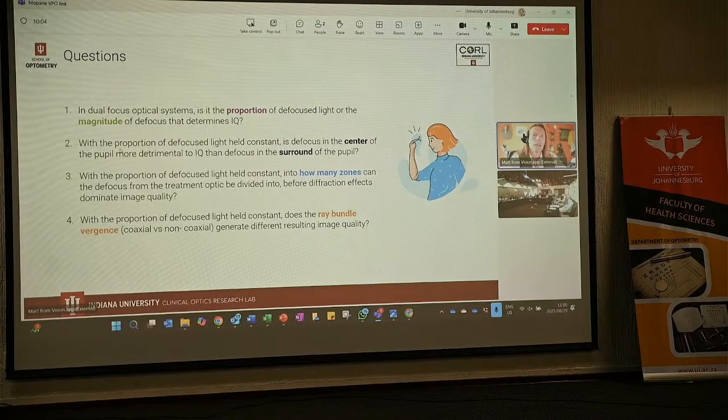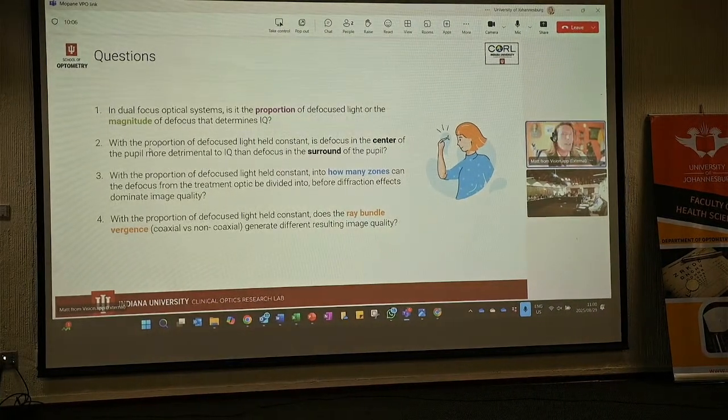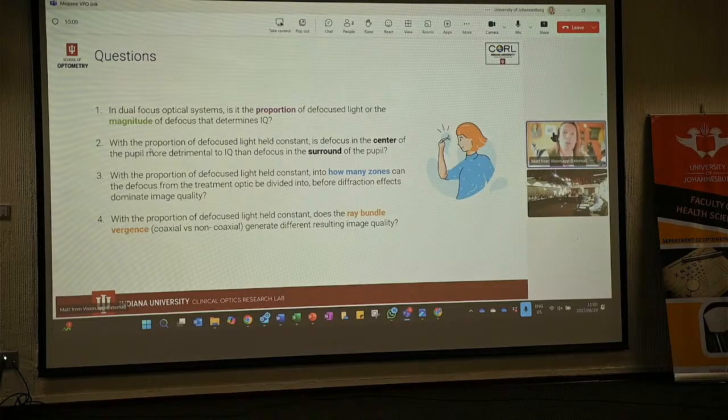And if we know this, and still we hold the proportion constant, how many zones is better? Is it better to have one big treatment zone or many?